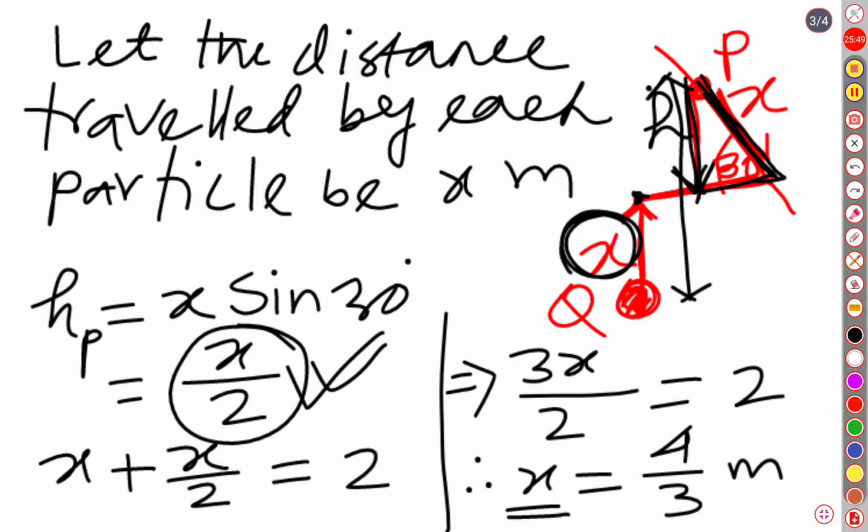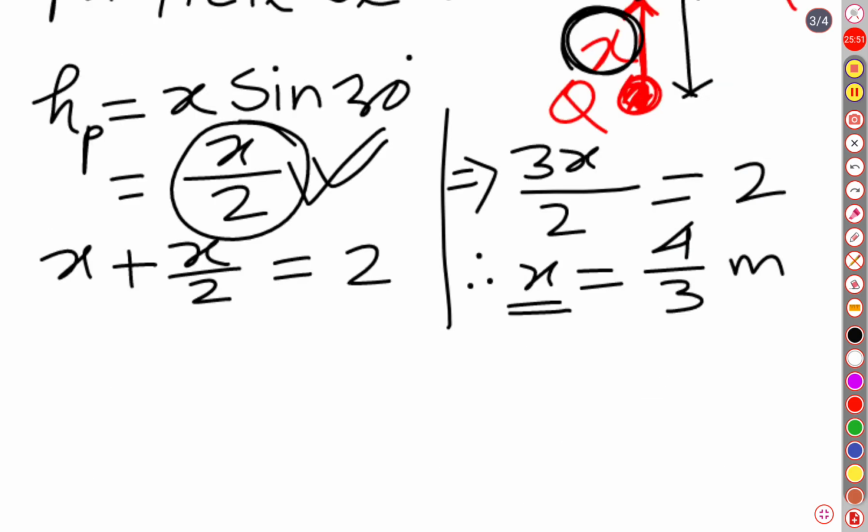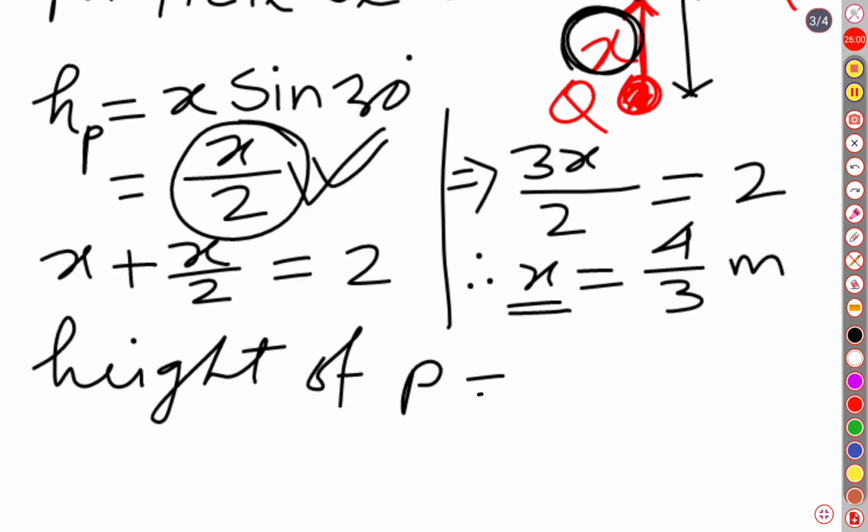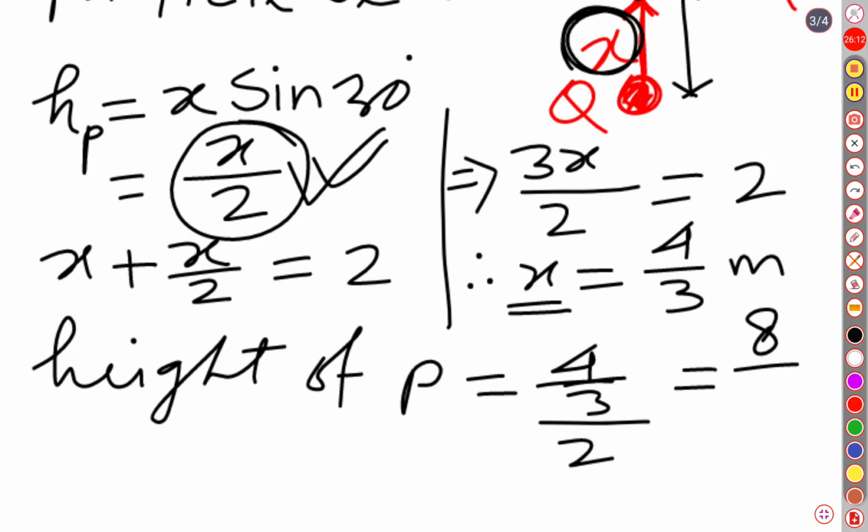So the height of P, or displacement, whatever you call it, is equal to, it is coming downward, 4 over 3 over 2 because it was x over 2, that means it is going to be 4 over 6 meter.